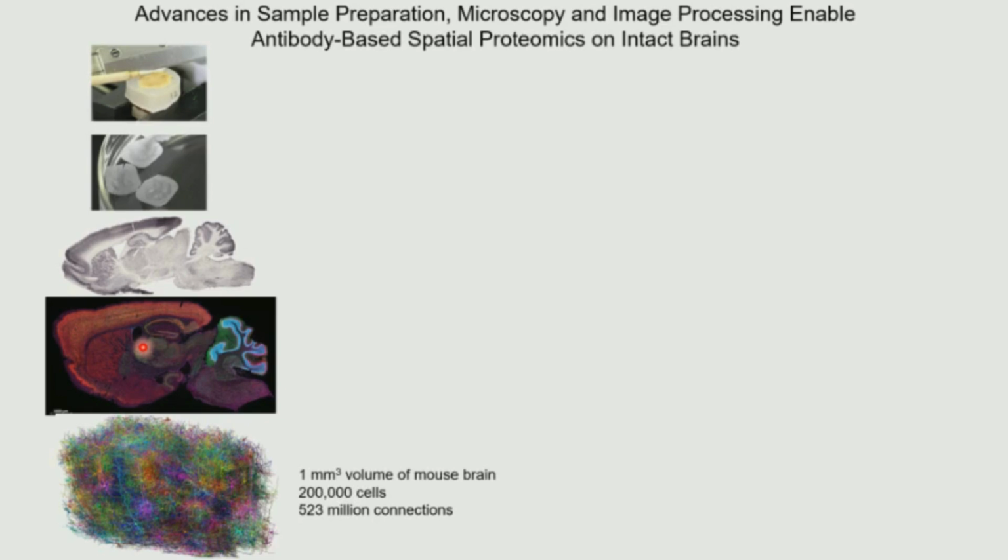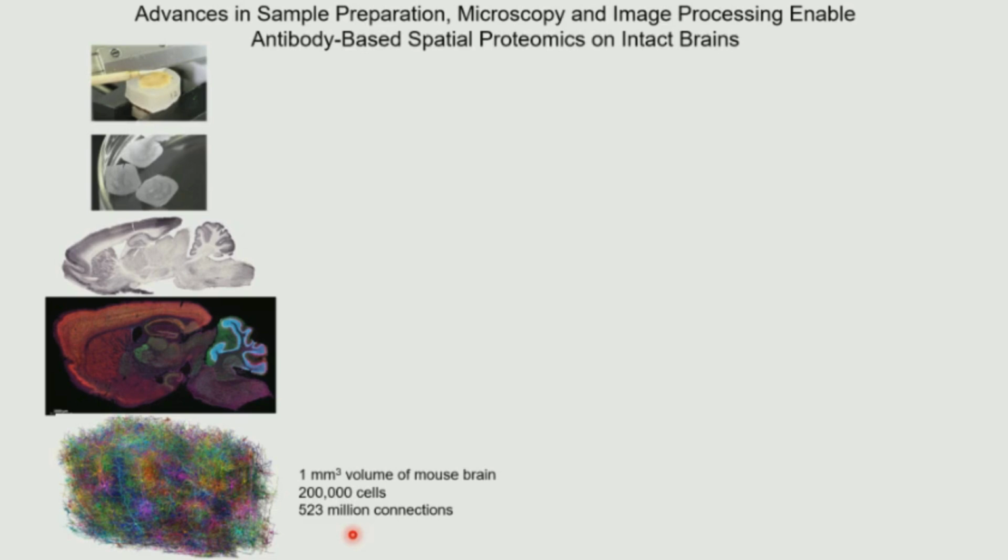And it's very hard to try to reconstruct what the circuitry was in serial brain sections. And a realization of the complexity of this has come about in recent studies following this connectivity. This is a millimeter cubed volume of a mouse brain, containing 200,000 cells and 523 million connections.